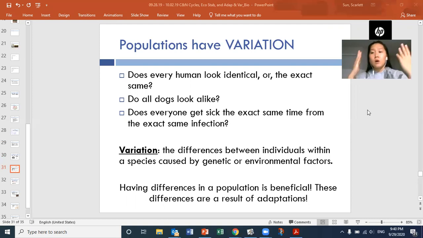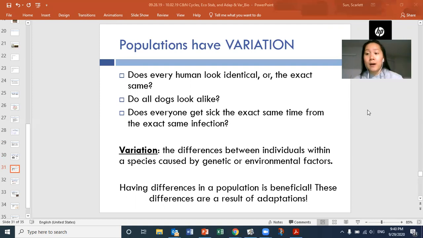So almost all dogs look different, but they're all the same species, right? You can interbreed dogs even if they look different because they're all the same species. So there is a lot of variation within dogs, right? From size to coloration to eye color to even just behavioral, right? So dogs have variation too. What we're getting at is that most of life has variation.